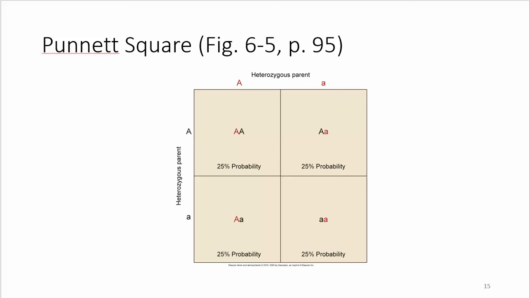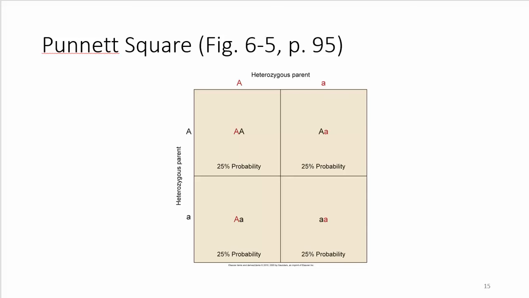If there's two heterozygous parents, then we'll end up with one homozygous dominant offspring, two heterozygous offspring, and one homozygous recessive offspring. Now, these are all probabilities. This is over a large sample.